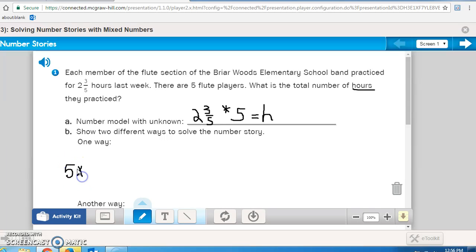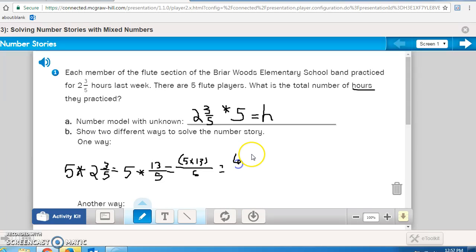I could do 5 times 2 3/5, which equals 5 times 13/5, which again equals 5 times 13. Denominator stays the same. What is 5 times 13?